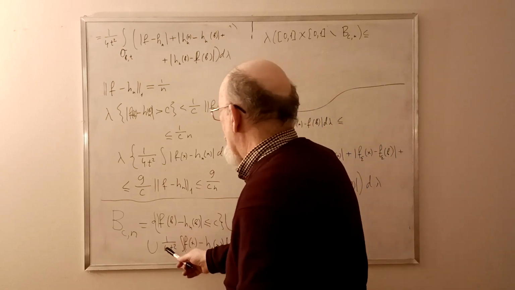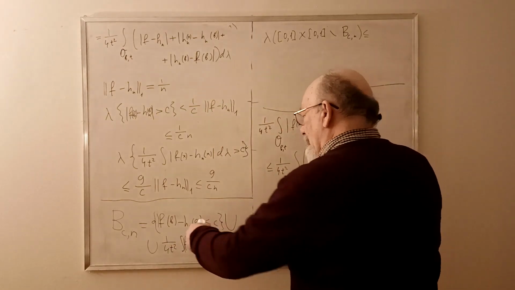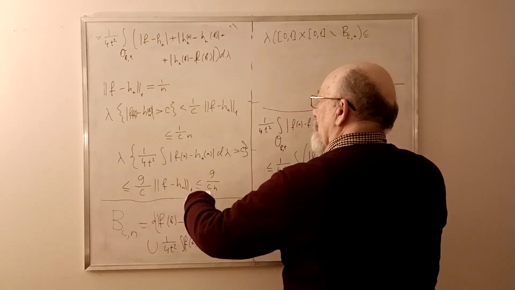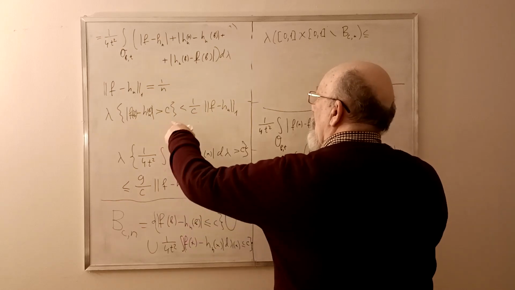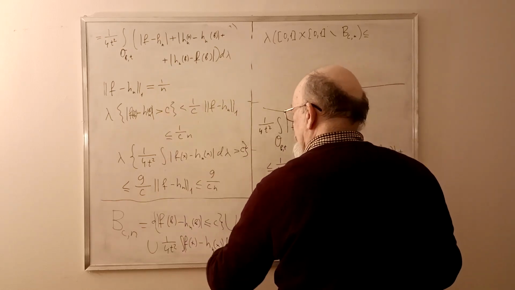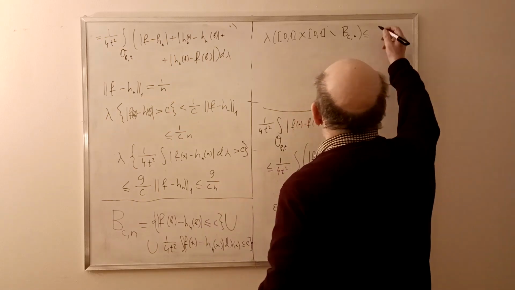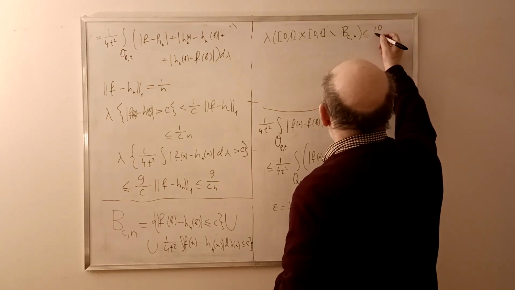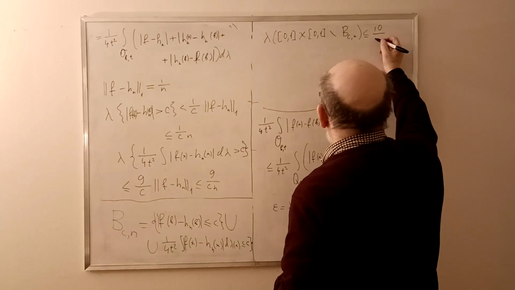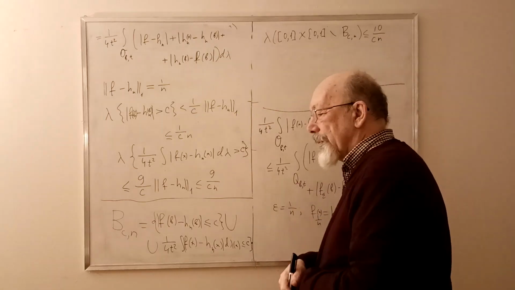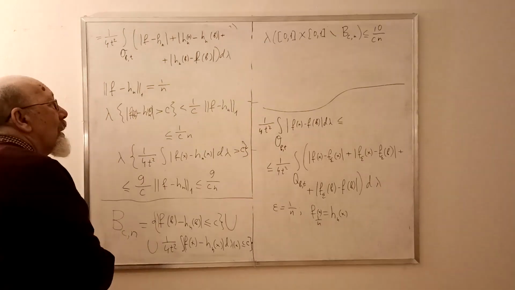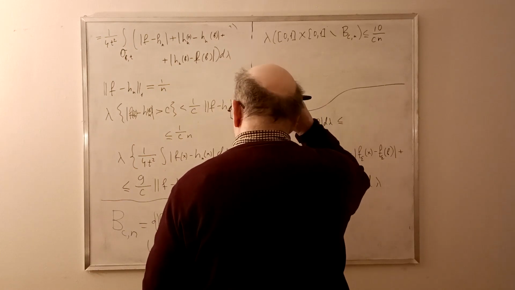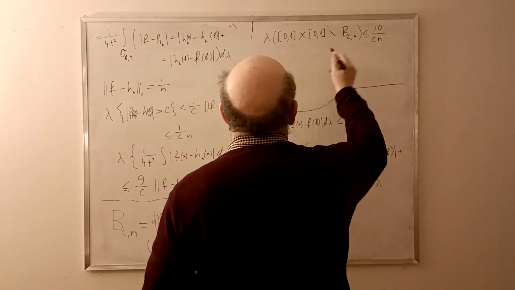We have to take the sum of the measures of where this is not true, so it is given by this 1 over n, and where this is not true, it is 9 over n. So 10 over Cn. Yeah, 10 over Cn.